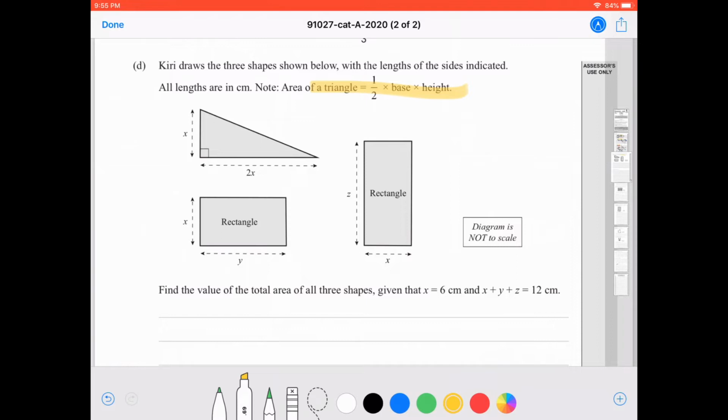And we could also say at this point, area of a 4-sided shape, so square and rectangle, we're working with rectangles here, is base times height. Okay, and the question asks, find the value of the total area of all 3 shapes given that x equals 6 and x plus y plus z equals 12.